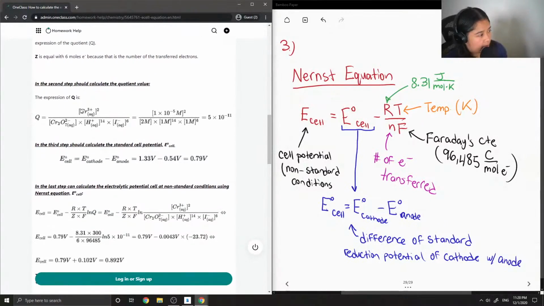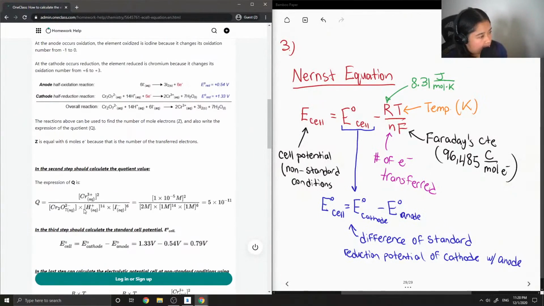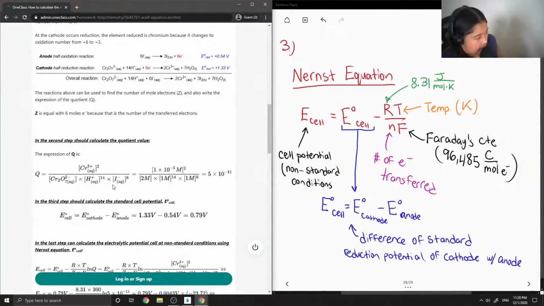So now they have the expression of Q. Notice how they're only using the ions that are involved, and when you have pure substances like solids and liquids, so in this case the iodine and the water, these aren't included in the expression of Q. So it's going to be products over the reactants.